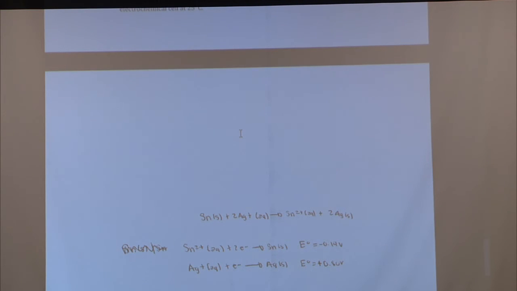So you have Sn solid plus 2Ag plus aqueous yields Sn2 plus 2Ag solid. And so we already solved for this in the last question, which was E cell equals E cat minus E an. And we already determined which one's the anode, which one's the cathode. So we should already have this answer. Is everyone okay with that? Yes? And we got the answer to be B, plus 0.94.